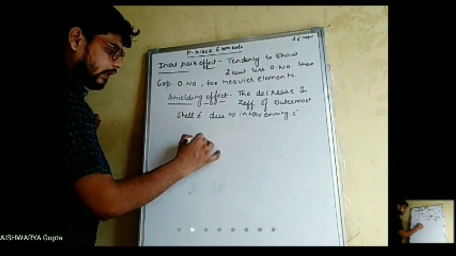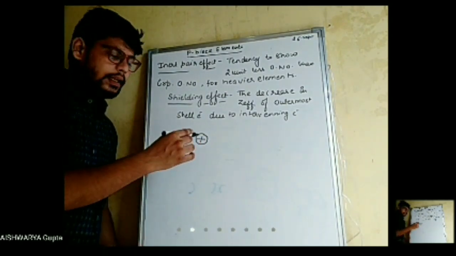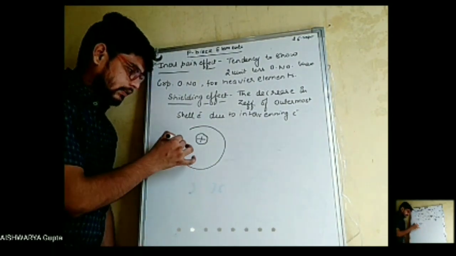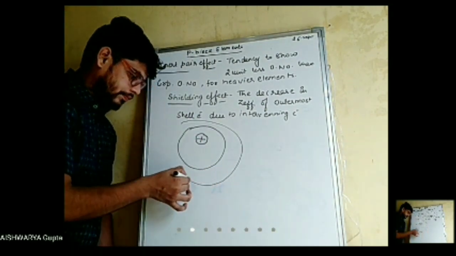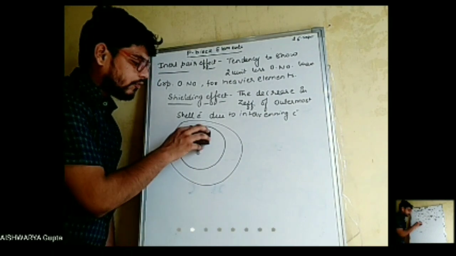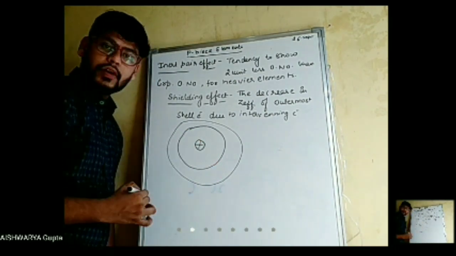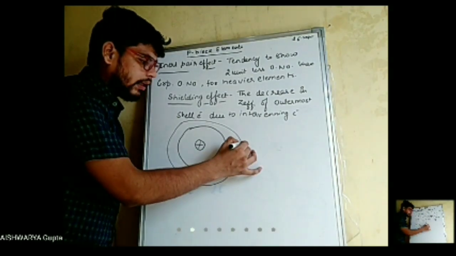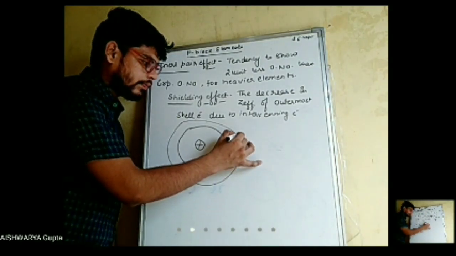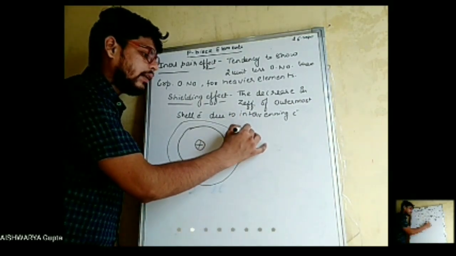Now what is it? Yes, beta, just assume that this is your nucleus, and there are many shells. This is your nucleus, which has positive charge, and these are your electrons. Electrons have negative charge.